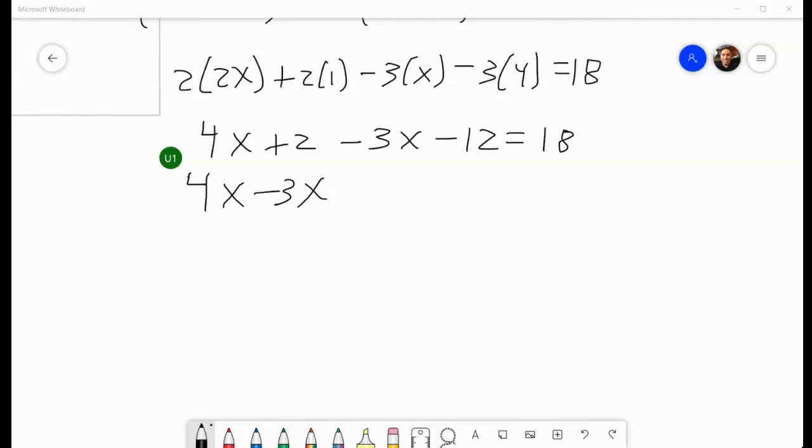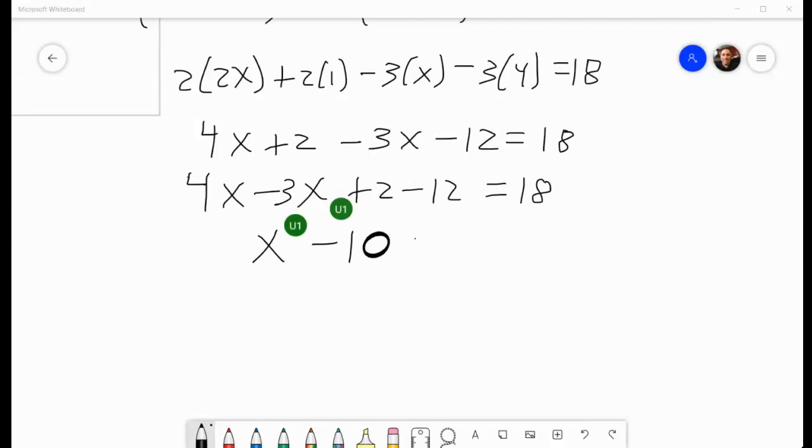I'm putting the like terms next to each other. I mean, normally you can skip this step, but I want to show everything so everyone understands. Okay, we have like terms, right? So here we're going to have x, right? Minus 10, 2 minus 12 is 10.